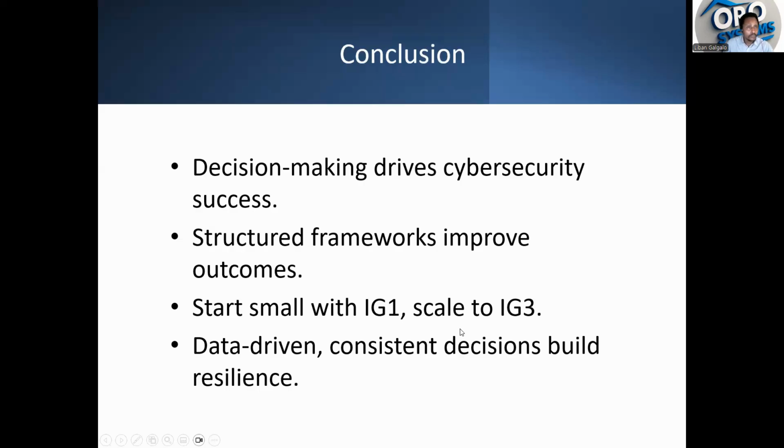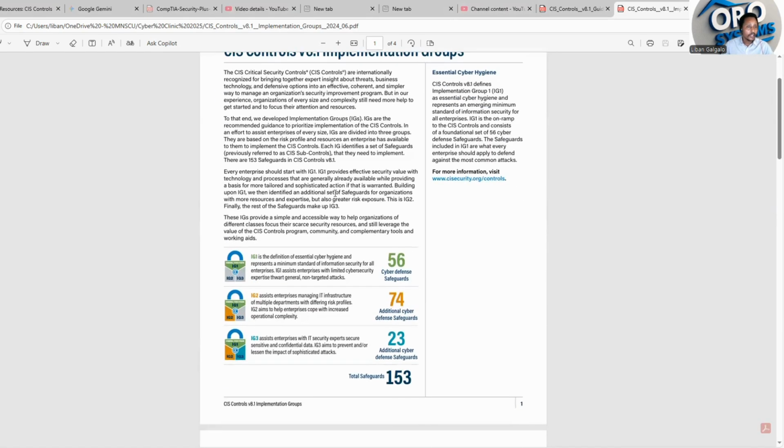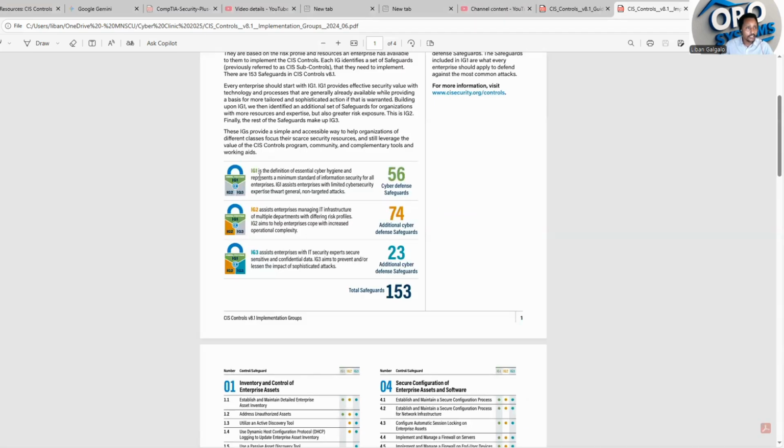So this is very much overall what the structure of CIS controls looks like, but I want to share a couple of other demonstrations. This is the current CIS controls, which is version 8.1 implementation groups. Like we already saw, this is IG1, which has a total of 56, and IG2 has a total of 74.